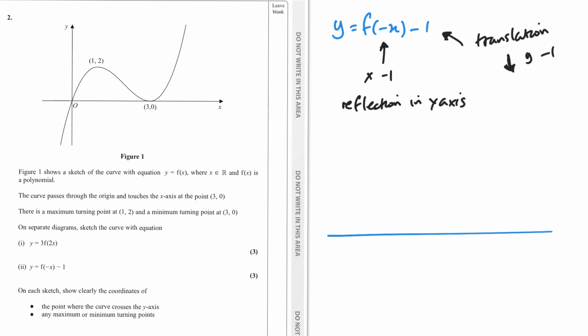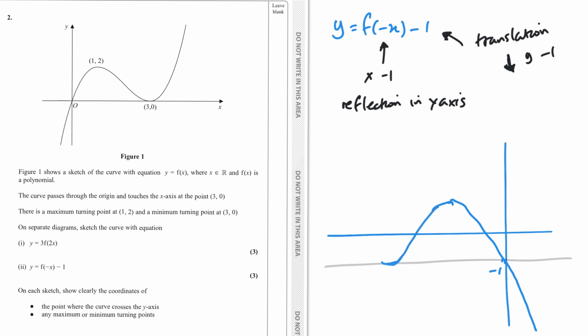So again, a little sketch. We need to think about it going through minus 1 instead of the 0. And what I'd be tempted to do is even draw yourself a nice faint line through that minus 1, just to help you draw it. So the graph is going to come up as if this is now my axis, and I'm going to keep going up. I'm going to come down to hit this point, and then we're going to go back up. So we've got that reflection and then that movement.